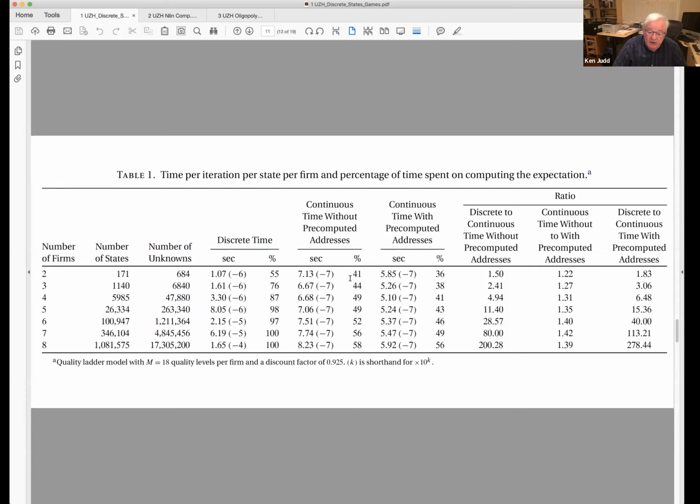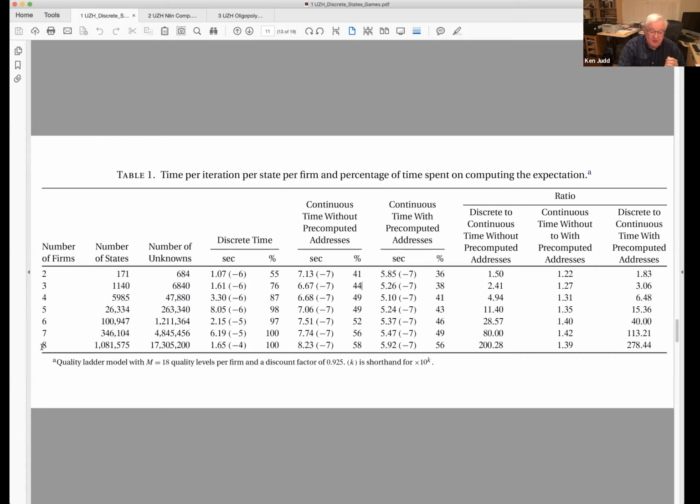Now, what we do here in this table is ask, how much do we benefit from going to continuous time? And the fact is we benefit enormously. So here's time per iteration, per state, per firm. If you're at a state and you're trying to update one firm, how much time does it take? Now, let's not look at the 2-firm case.